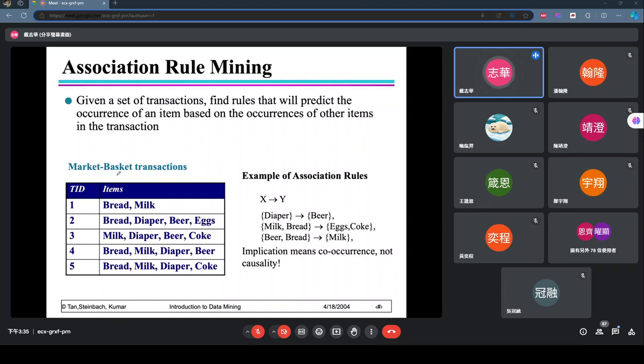So the possible choice of X would be this much. And similarly, the possible choice of Y would be this much.